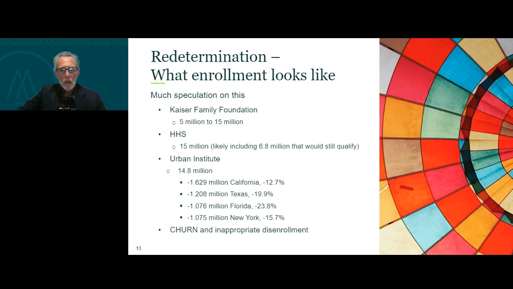So let's talk a little bit more about the actual numbers, and we're going to highlight basically three different studies. Really what this looks like is a little bit unclear. There were some studies performed on pre-pandemic data sets to see what happened to people when they fell off the rolls. The first one is the Kaiser Family Foundation, and they've got a wide range here, between 5 and 15 million people will come off the rolls.